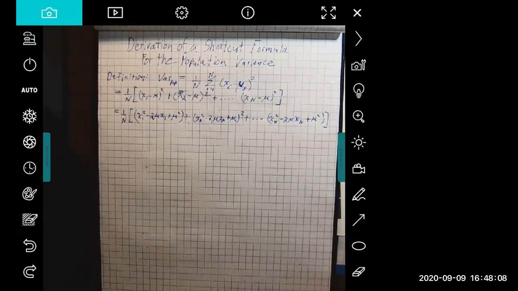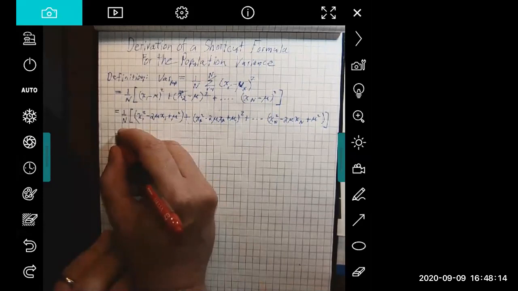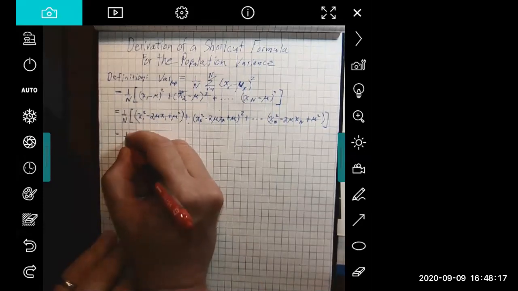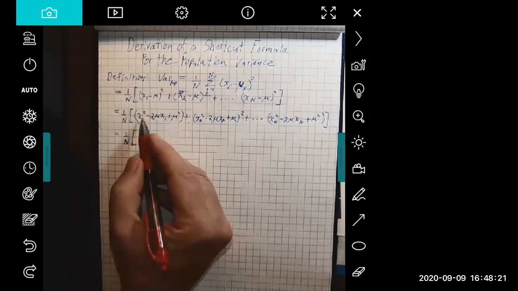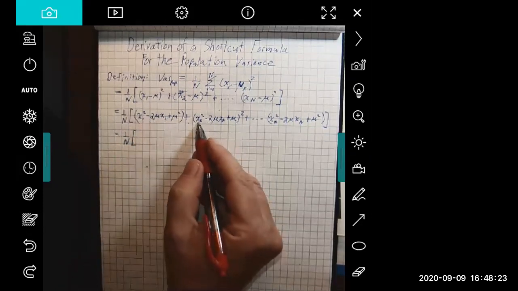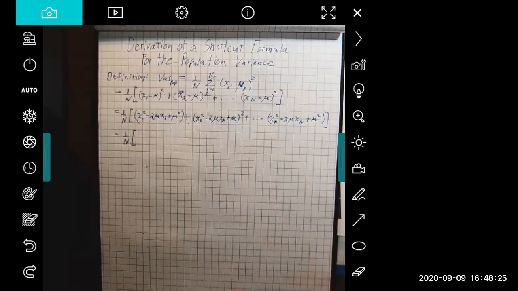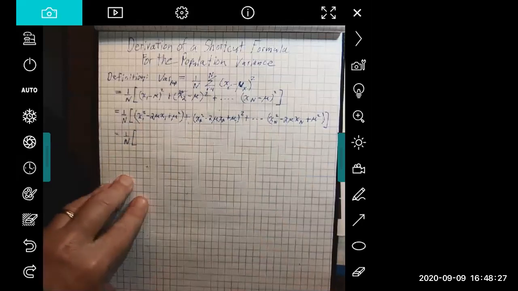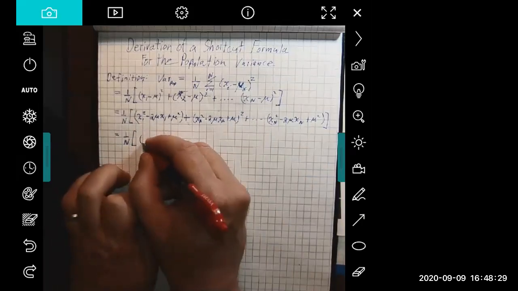Now with the associative and commutative properties, I can rearrange that a little bit. I'm going to get all these, the x1 squared and the x2 squared and the xn squared, all together.